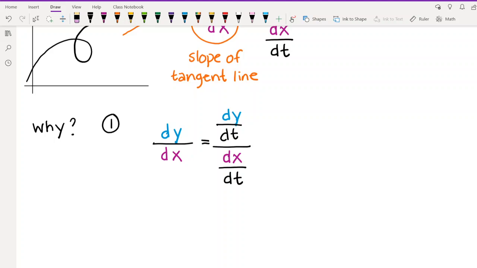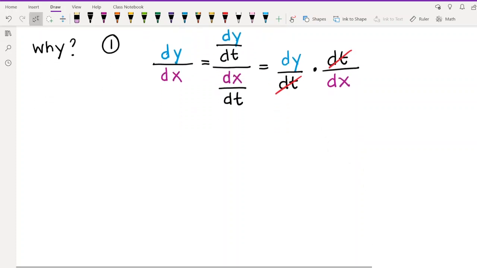They kind of act like a fraction. And so similarly here, if you're viewing these as fractions, the dt's are going to cancel out. When you're dividing a fraction by another fraction, you would have dy/dt times dt/dx, because dividing by a fraction is the same as multiplying by the reciprocal. So these dt's would cancel out and you'd be left with dy/dx. Personally, that's how I remember this formula. I just think of the t's canceling out.